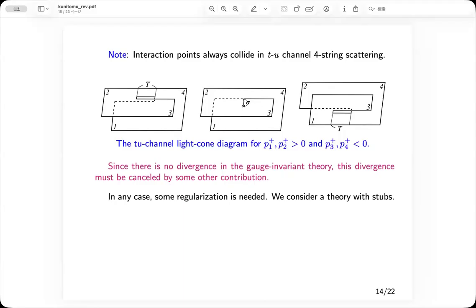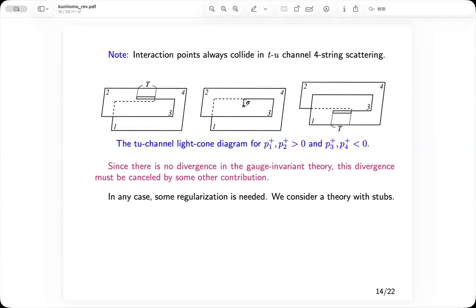And then there are interaction points here and here, so if the propagator shrinks, the interaction points always collide. And this is where the interaction point goes down. This represents the genuine four-string interaction, and then another propagator region comes up. However, since there is no divergence in the gauge invariant theory, this divergence must be cancelled by some other contribution. In any case, some regularization is needed because of this divergence.